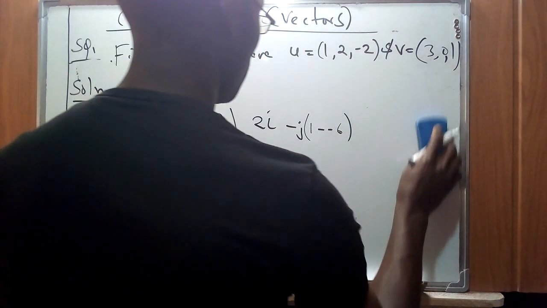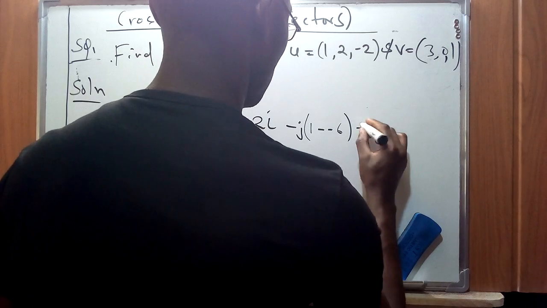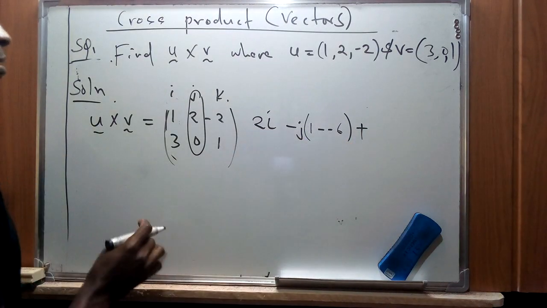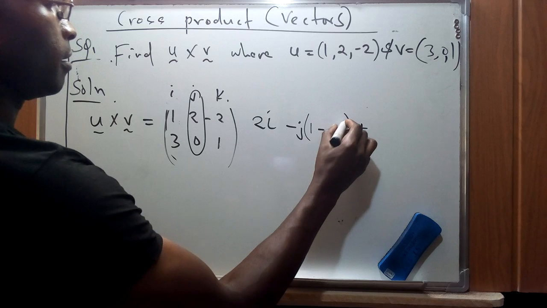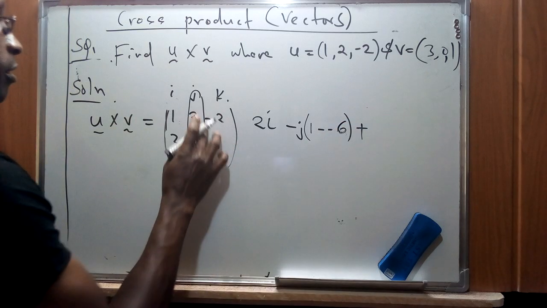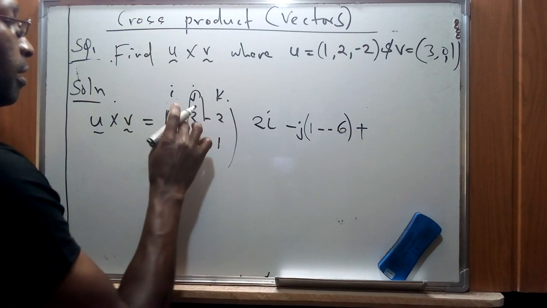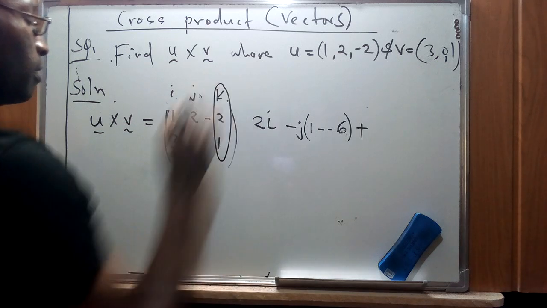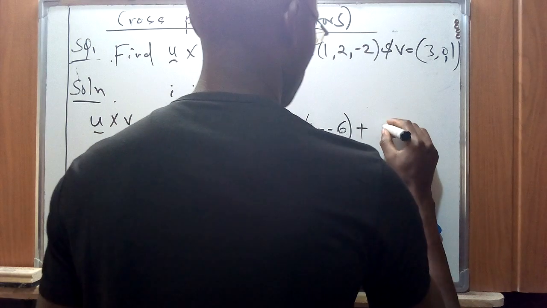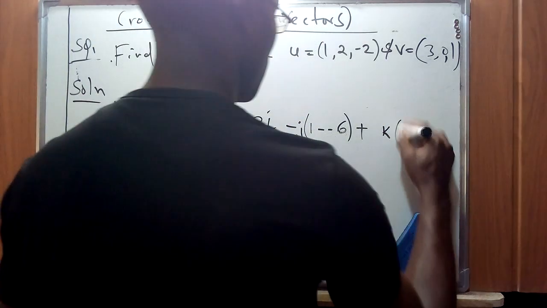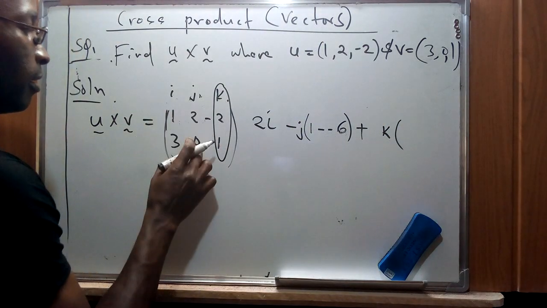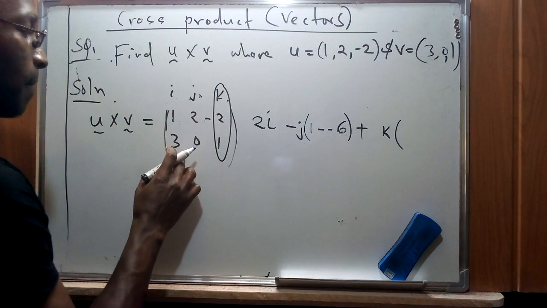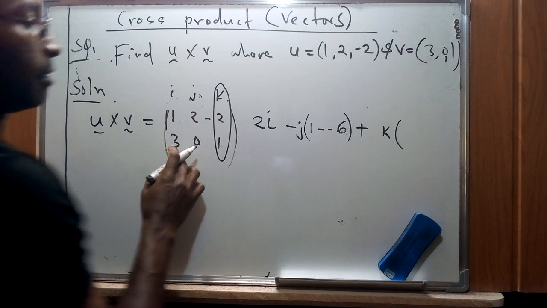We just continue and simplify the second part of it. So for the k, we're going to ignore this and find that this is going to be 1 minus 6.